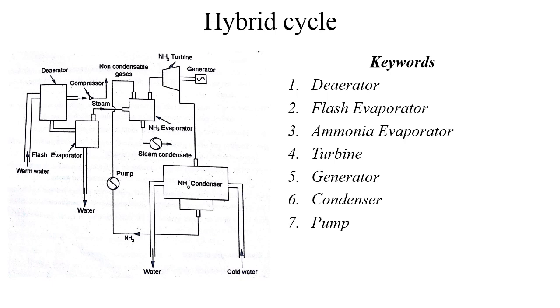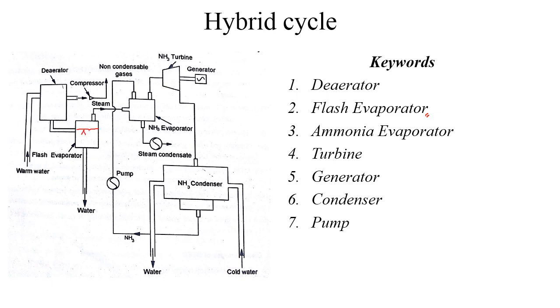What do they do? Warm water enters the deaerator. The deaerator is nothing but a unit that absorbs the dissolved gas. Then the water is transferred to the flash evaporator. The flash evaporator is nothing but a chamber, like a flash chamber. In this, the water will be there.